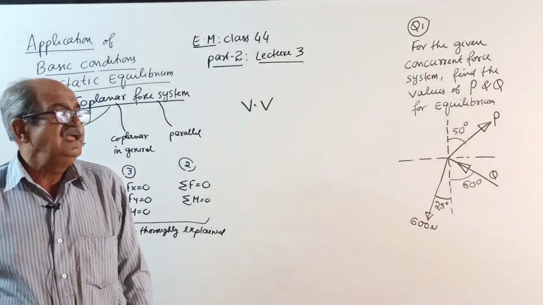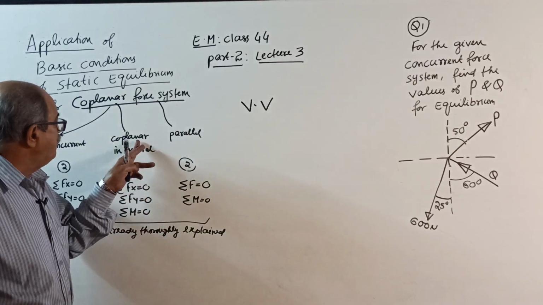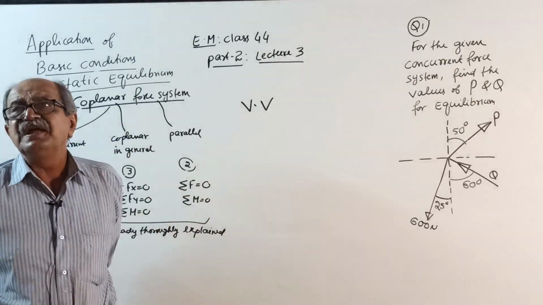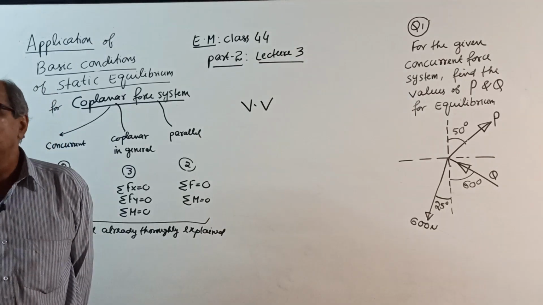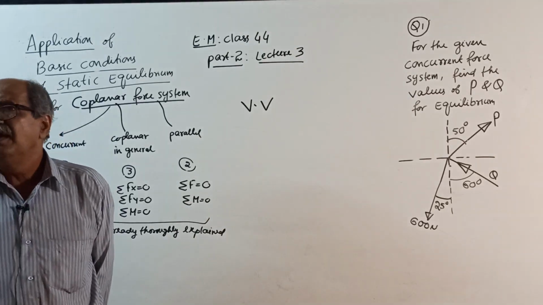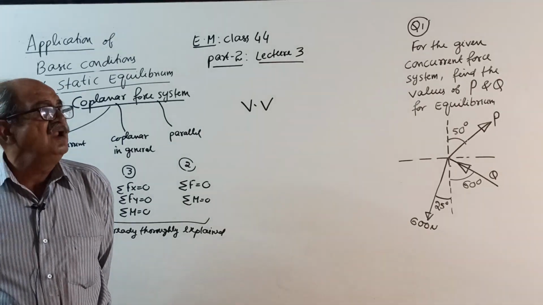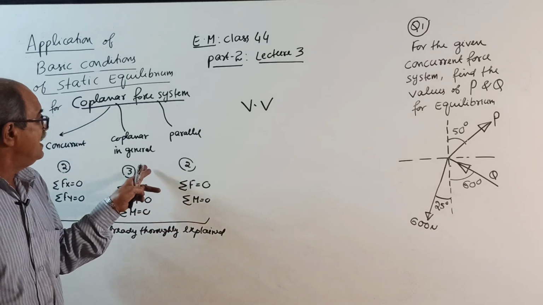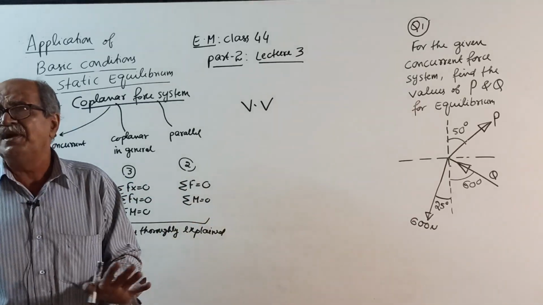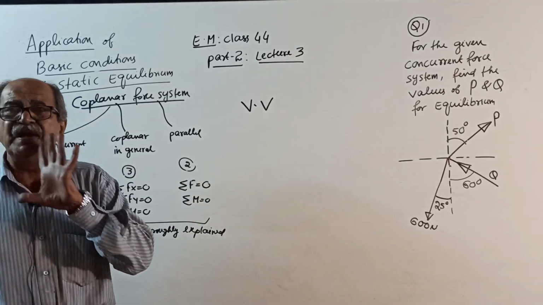So if I give a coplanar-in-general question where 3 conditions are there, and they give you only 2 unknowns, then it cannot be solved, or you can say the system cannot be in equilibrium. This I will explain later. One by one I will tell the concepts; all concepts will be systematically covered.